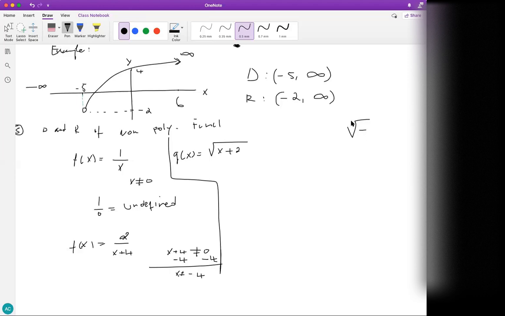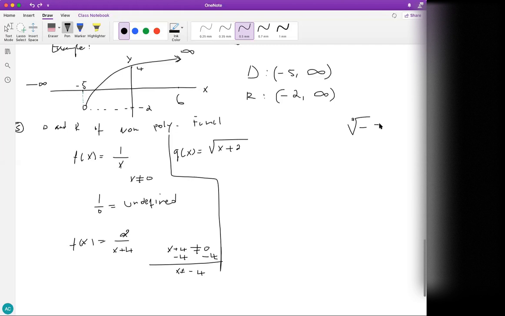Okay, square root like this. You can't have a negative number inside. Again, that's also undefined. For example, the square root of -1 is undefined. Okay, remember that inside the radical, square root, you can't have a negative number.